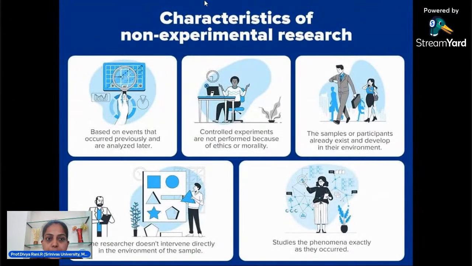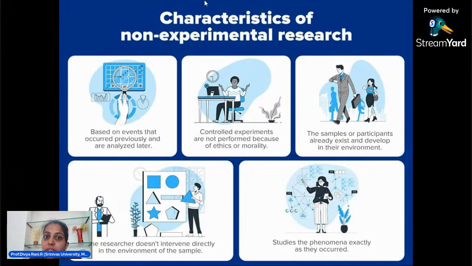So you can see the characteristics. Here, based on events that occurred previously, something which has taken place before or some phenomena which is taking place, you are analyzing that. That happens in a non-experimental design. And controlled experiments are not performed because of ethics and morality. Sometimes true experimental research we will not be able to perform because of the ethics and morality I told you before.